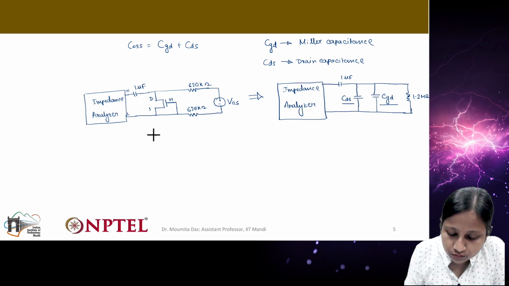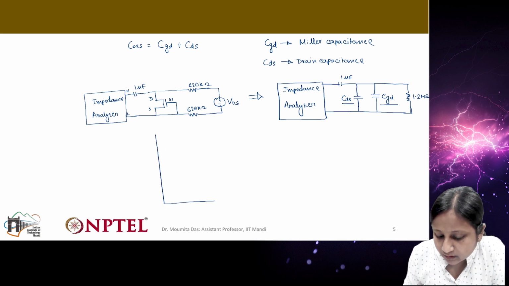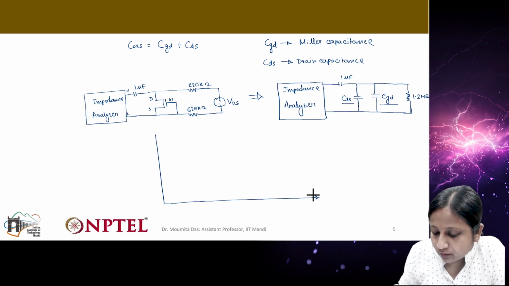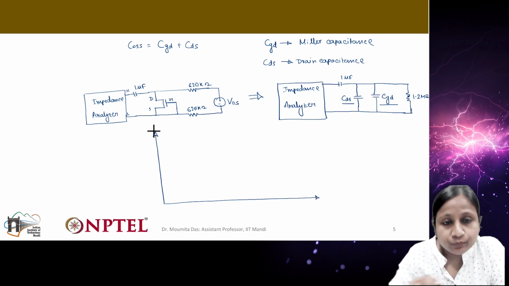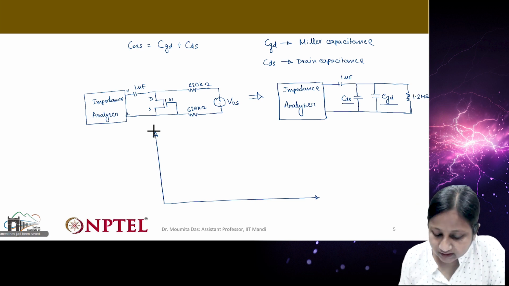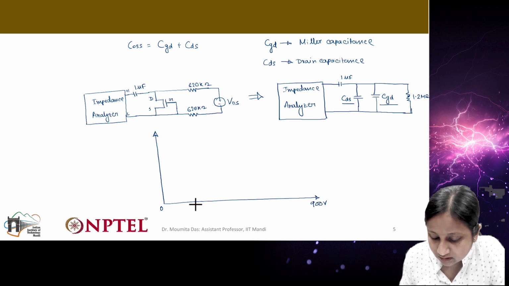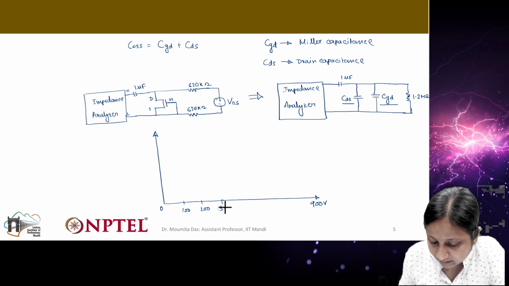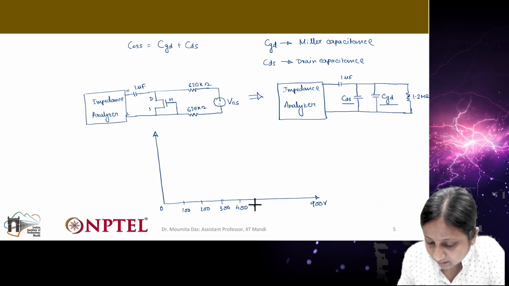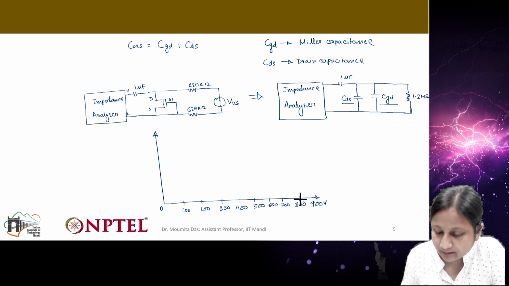If we try to draw the characteristics of a particular device, let's say a silicon carbide device, which has a rating of 0 to 900 volts, maximum rating is 900 volts, and the divisions are 100, 200, 300, and so on: 400, 500, 600, 700, 800, 900.